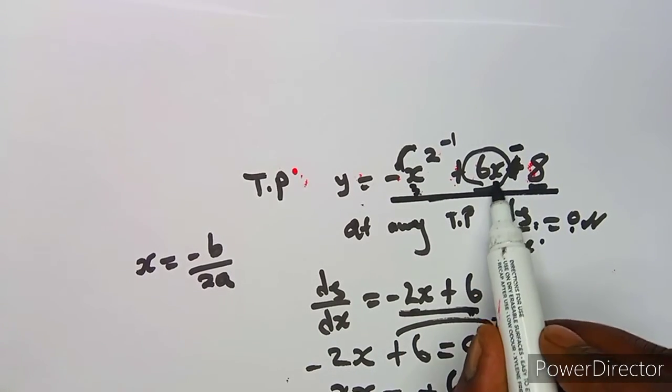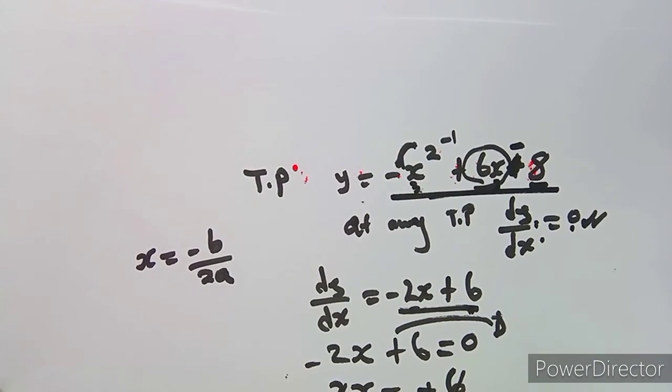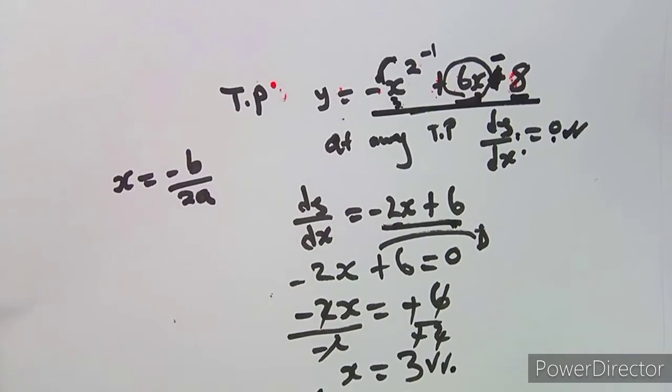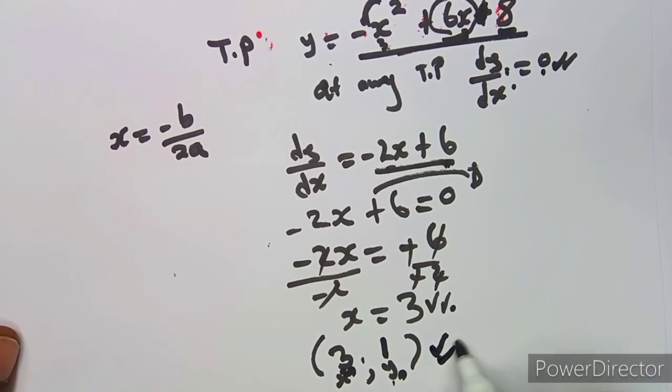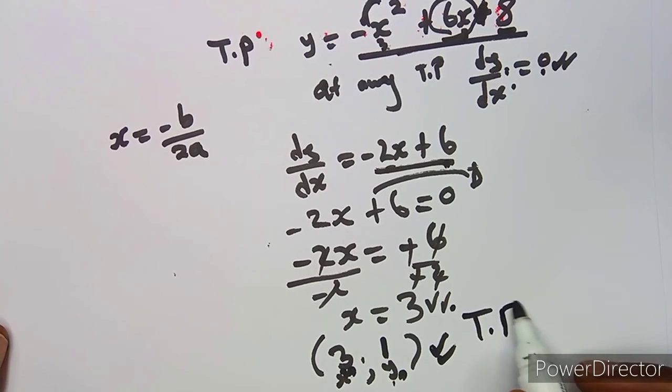If you do that, you are going to obtain the value of y, which is a 1. So this is going to be 3, 1. All right. So we now have the turning point. The x-intercepts and the y-intercept are there. So we have to sketch now.